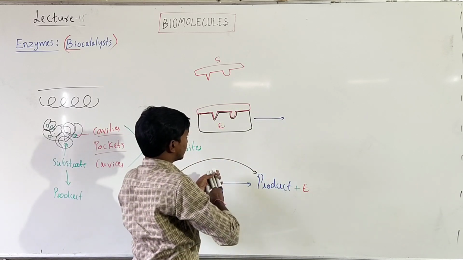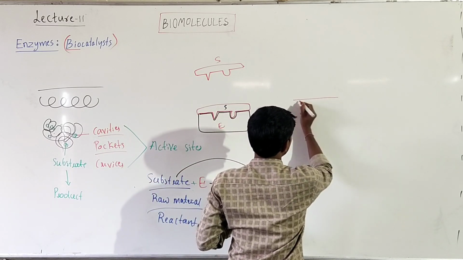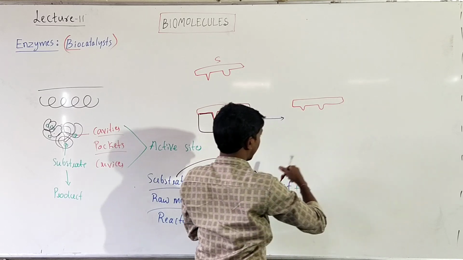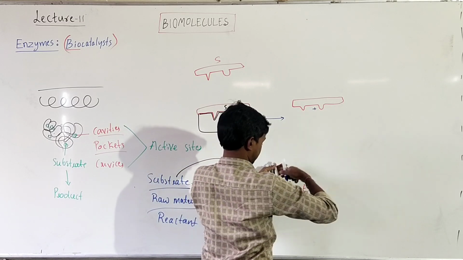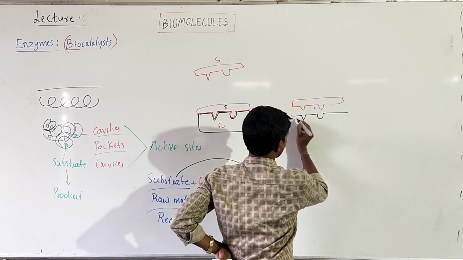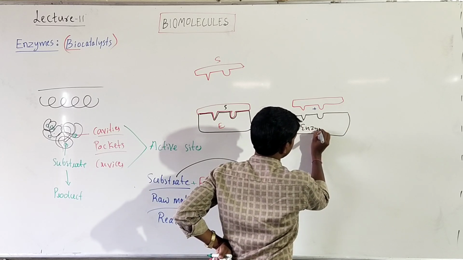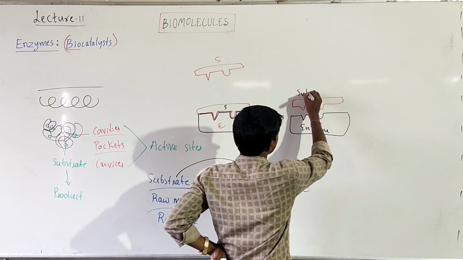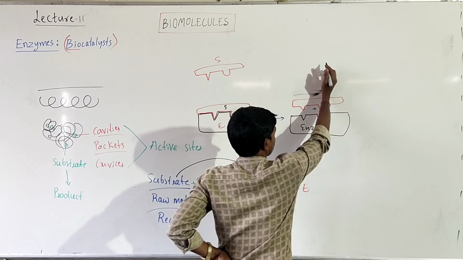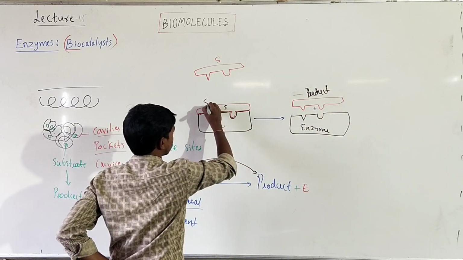So this substrate converts into a product. But the enzyme remains as it is, means there is no change in the enzyme at the end of the reaction. Sorry, this is the product, and this is the substrate.